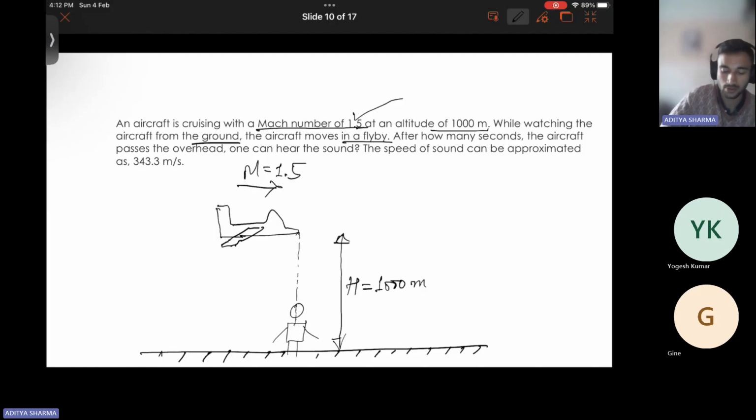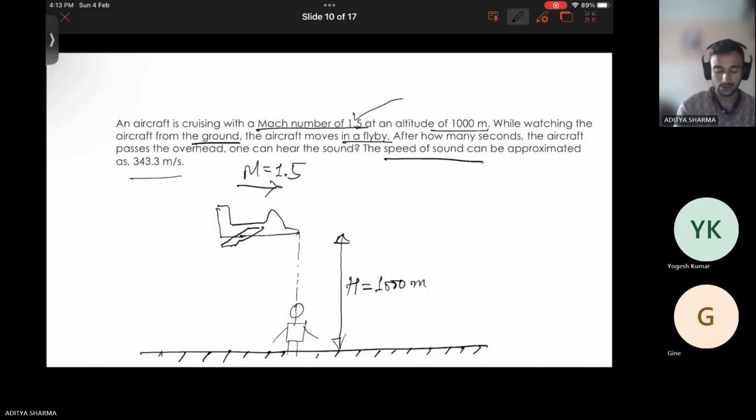We are 1000 meters below this aircraft, or this aircraft is 1000 meters above us. And then something else is given. The speed of sound has also already been mentioned to us. We have Mach and we have this h.